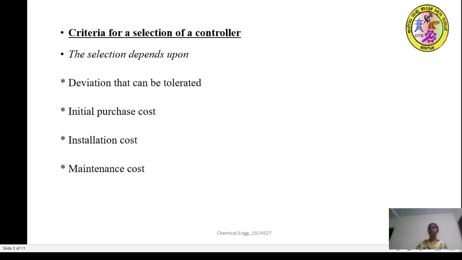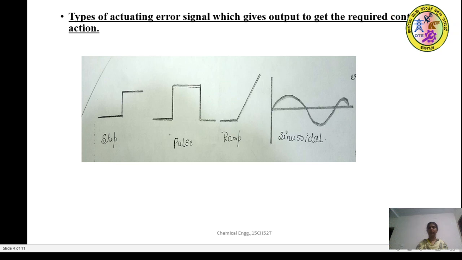We have to look into the initial purchase cost, installation cost, and the maintenance cost also. The cost is very important to make the whole process in a system economically feasible. So the criteria of selection of a controller becomes very important.